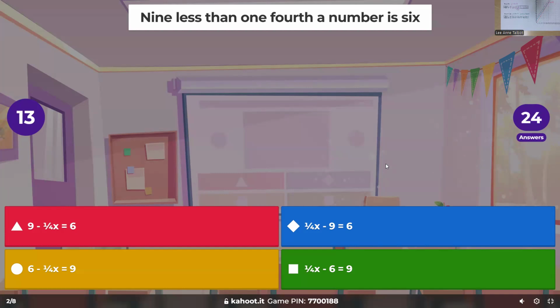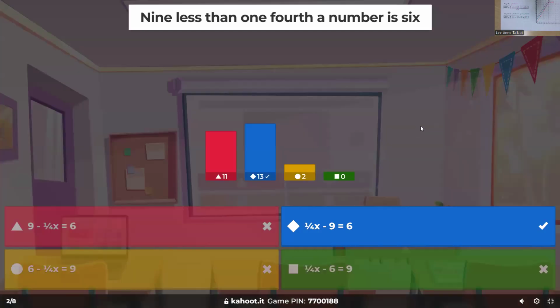So remember, subtraction, but you put it after.